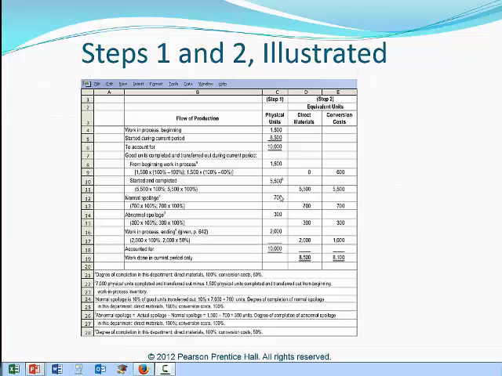So 7,000 times 0.10 means 700 units are considered normal spoilage. If we take 1,000 total spoilage minus 700 normal spoilage allowed, that will give us a remaining number of 300 that had to be our abnormal spoilage quantity.